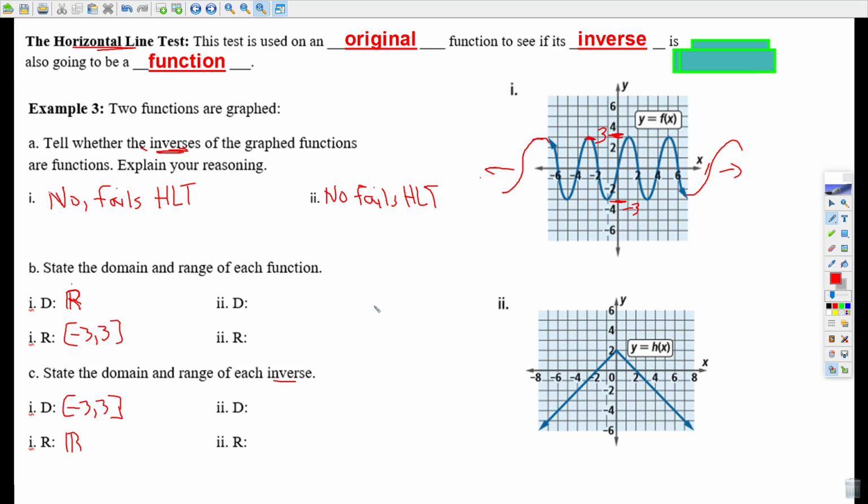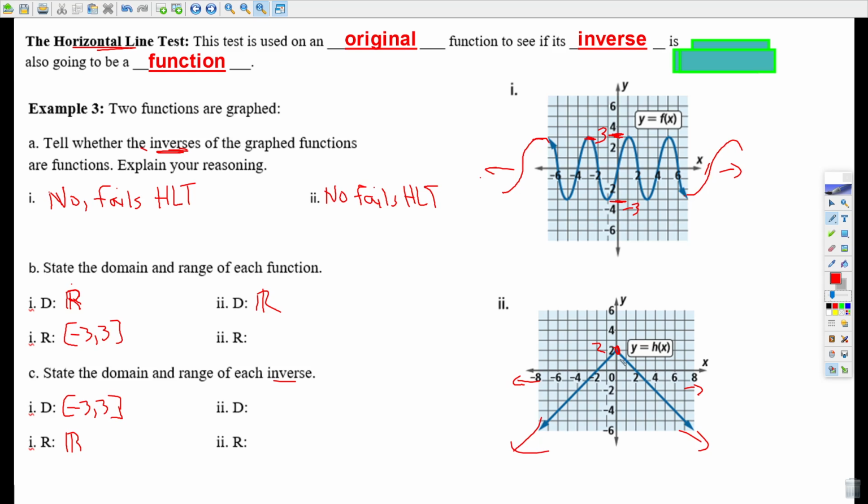Now do the same thing with the other function, domain and range. The domain here is from left to right. This is also extending forever in both directions. So it looks like it will cover all the negative x's and the positive x's because it keeps going forever. So we're going to call this all real numbers as well. However, for the range on the y-axis, this has a maximum point here at 2.